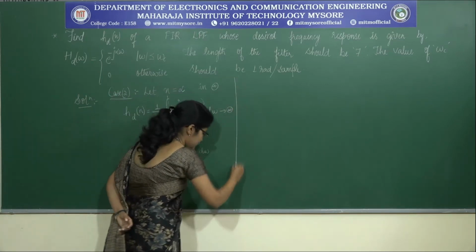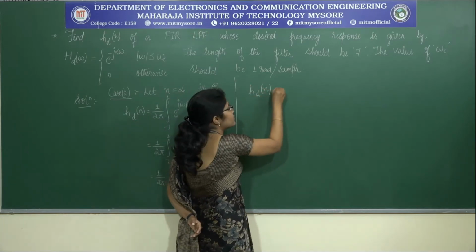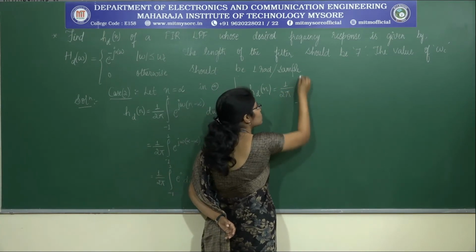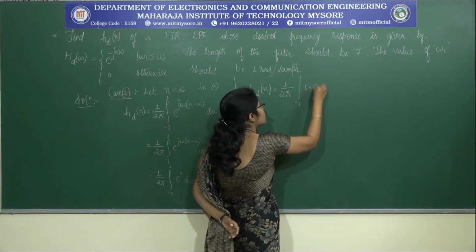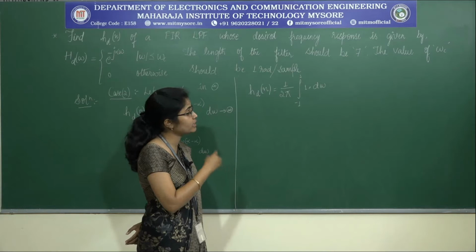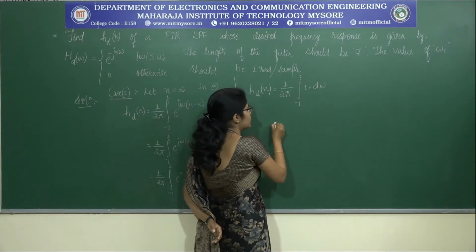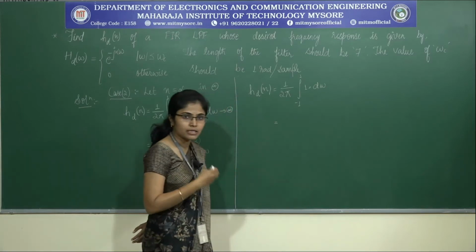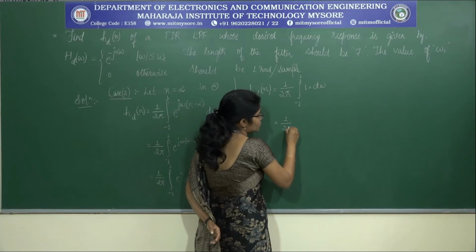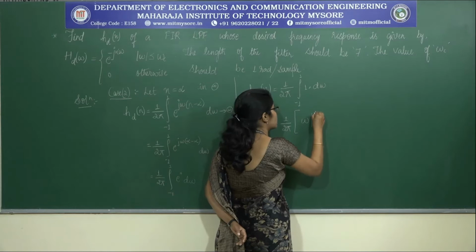So, if I rewrite, hd of n will be equal to 1 by 2 pi integral from minus 1 to plus 1 into d omega. So, if I integrate 1 with respect to omega, what are we going to get? Integration of 1 is omega under the limits minus 1 to plus 1.